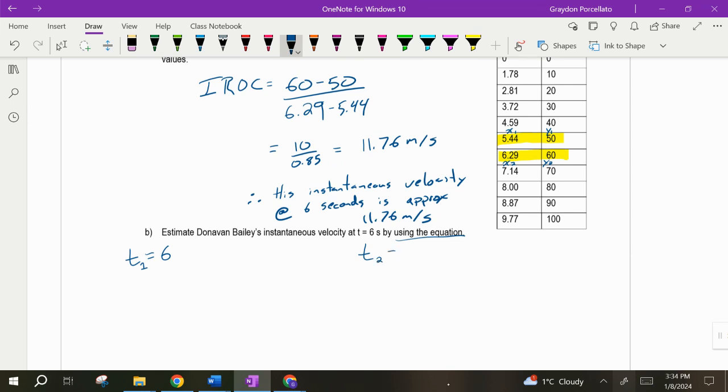So my t2 is going to be 6.01. Now, again, you could use t2 equals 5.99. Either of those work. I like to typically add; 6.01 is a nicer number, I think, than 5.99. So it's totally up to you which one you choose.